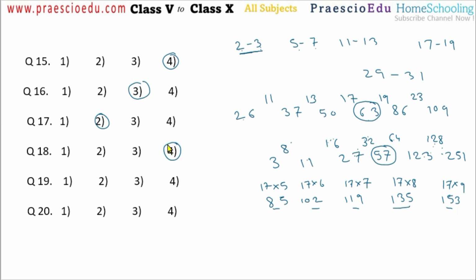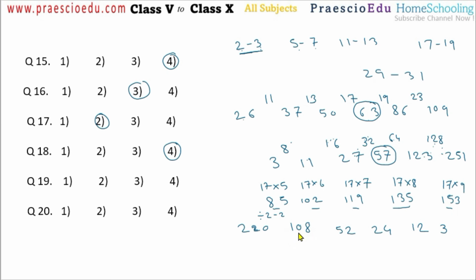Now question number 19, 220, then 108, then 52, then 24, then 12, and then 3. So these are in descending order, but descending means after this 220 make it half, or we can say divided by 2 and then subtracted by 2. This is the logic. Then we can get 108.